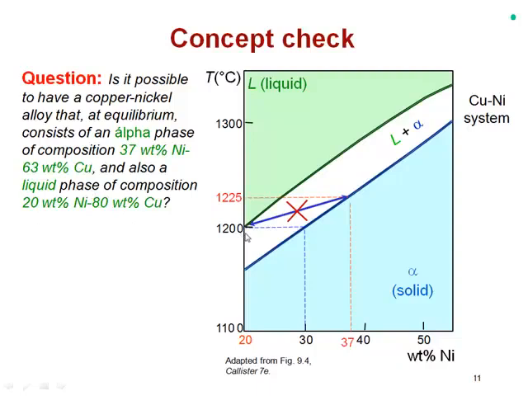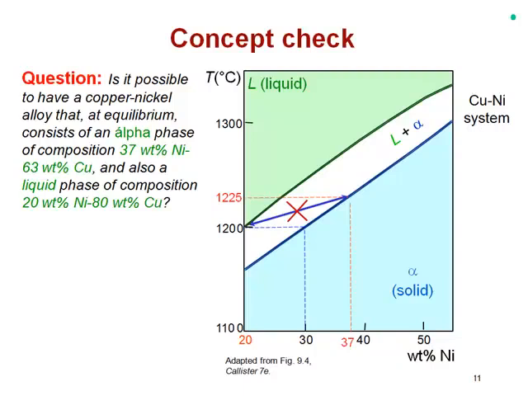It means that we've got to be able to draw a horizontal line, which gives us a liquid phase of that concentration, a solid phase of this composition. It has to be a tie line for the same material. Okay? You can't do that.